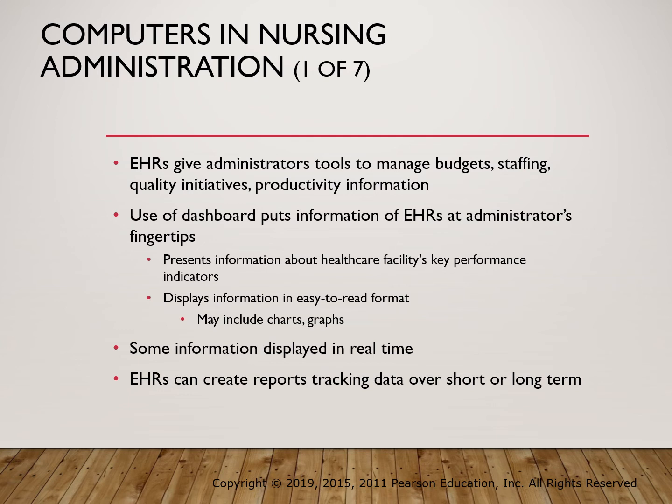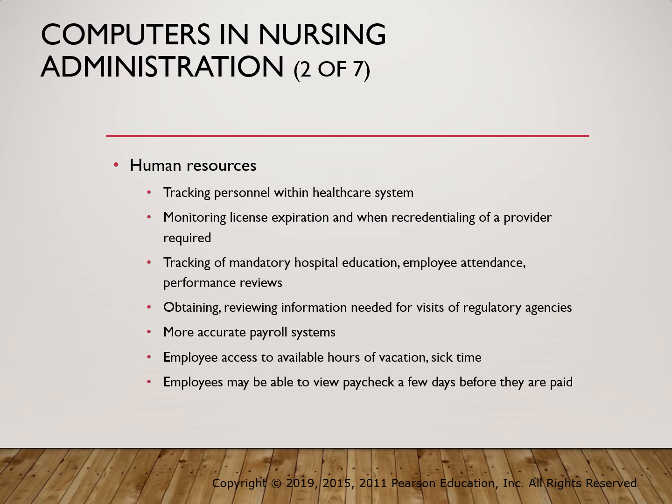Some of the information is displayed in real time, and some of it is from surveys that are done. The electronic health record can create those reports that help us track data over time, so I can compare how many pressure ulcers I had this month compared to last month.